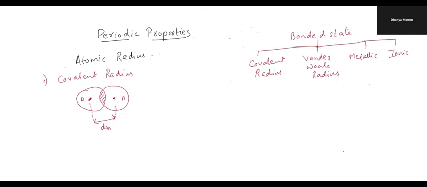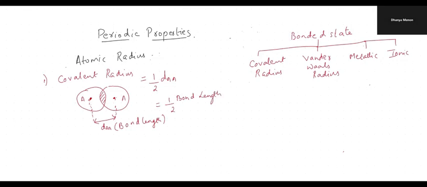So what is covalent radius? Covalent radius is 1/2 of the distance between the nuclei of two covalently bonded atoms of the same element. I have taken the same element A and A in a molecule. This distance is also called the bond length, so we can also write it as 1/2 of the bond length.